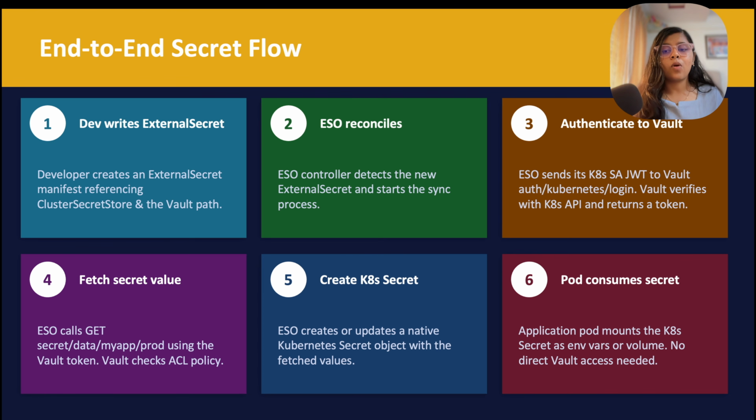No direct vault access is needed in here. So this is how the end-to-end secret flow actually works when we are making use of the ESO operator for managing secrets inside of the vault. So this is amazing, right?